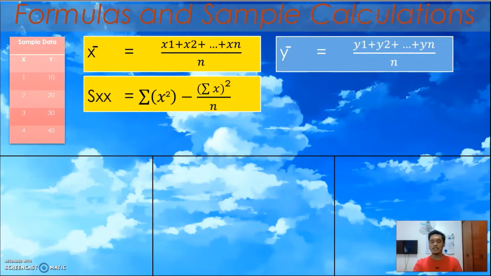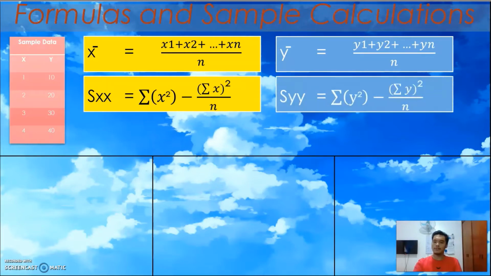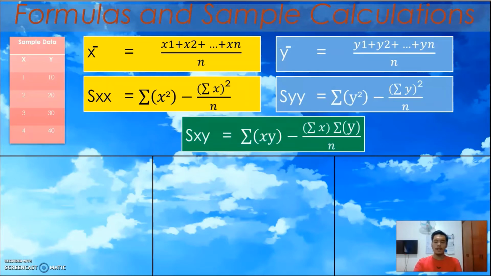For Sxx, it's simply the summation of x squared minus the square of the summation of x, over the number of data. Same for y, except it's all y variance. And lastly, Sxy is equal to the summation of x times y minus the summation of x times the summation of y over the number of data.